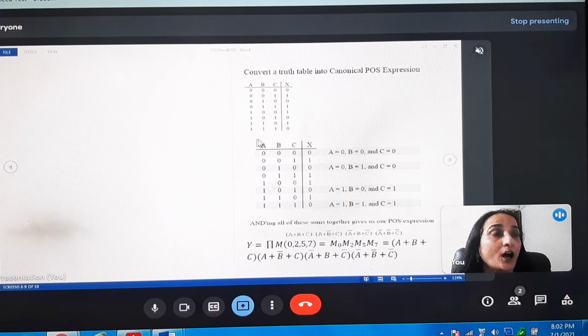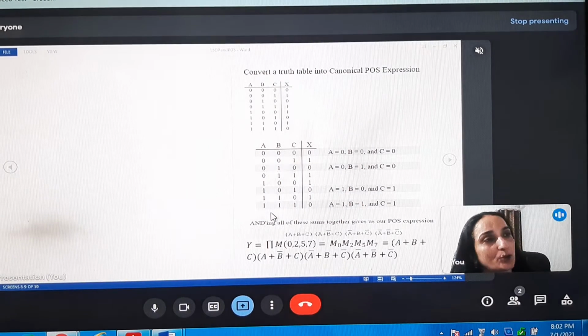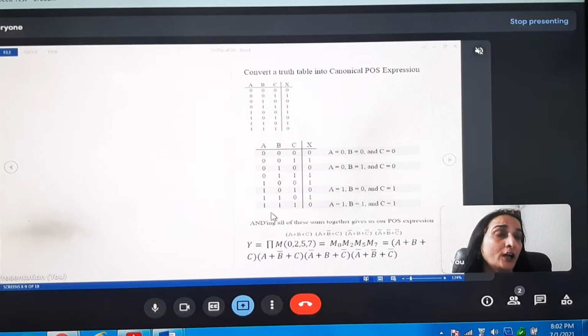Now, how will we write the sum terms? After identifying rows where the output is 0, we have to write the sum terms for each of these rows. Now, how to write a sum term?